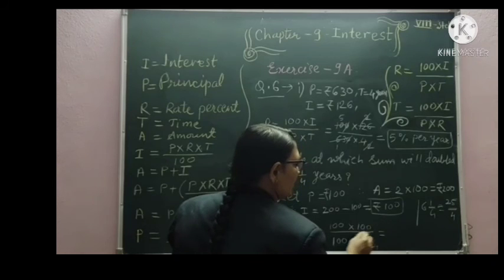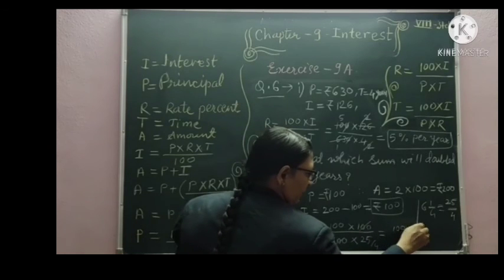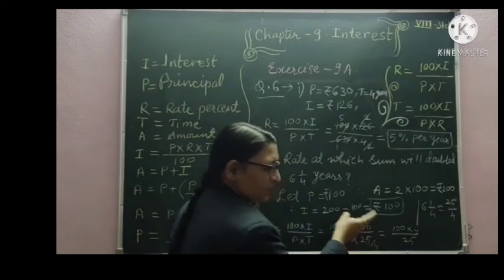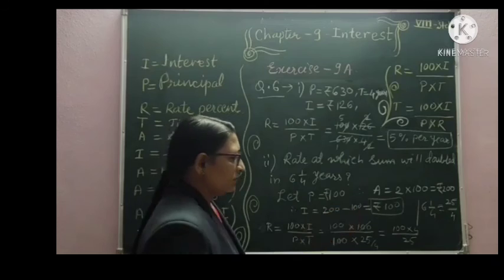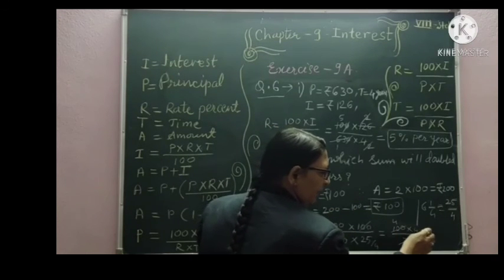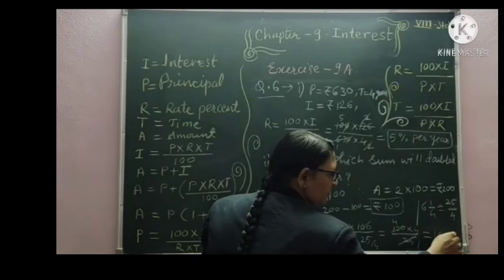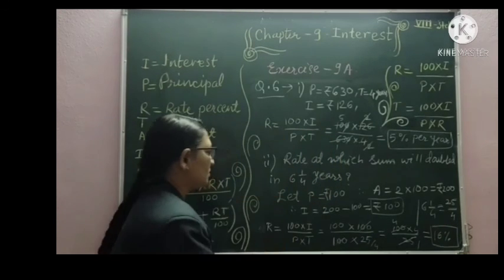In the next step this 100 gets cancelled. 100 into 4 upon 25. 4 got transposed by multiplying it. 25 ones are 25, 25 fours are 100, 4 into 4, that is 16%. Here the rate is 16%.